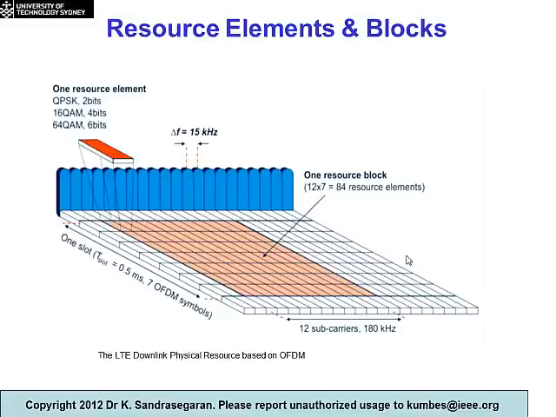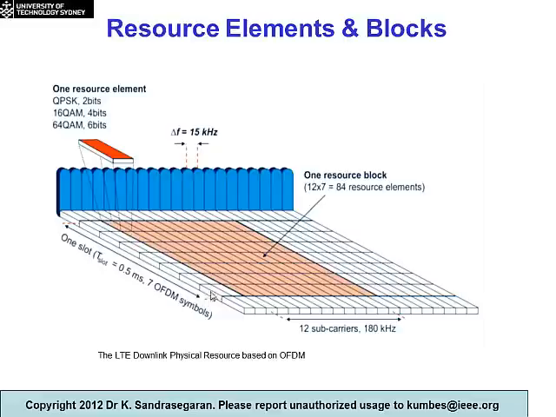The basic building block of OFDMA is called a resource block. A resource block is essentially 12 subcarriers making up 180 kilohertz, because we know subcarrier spacing is 15 kilohertz. That's on the frequency dimension.